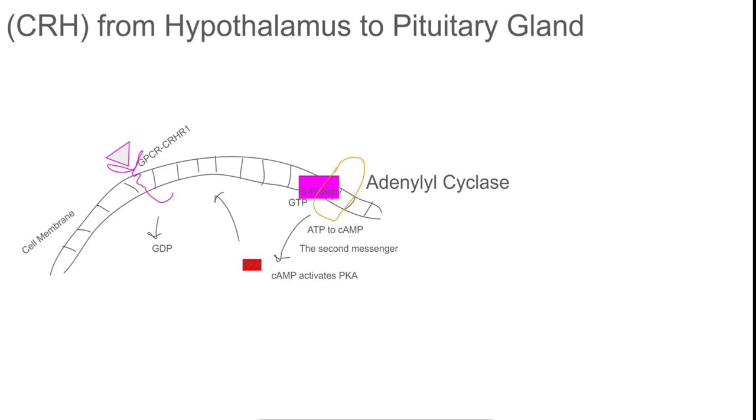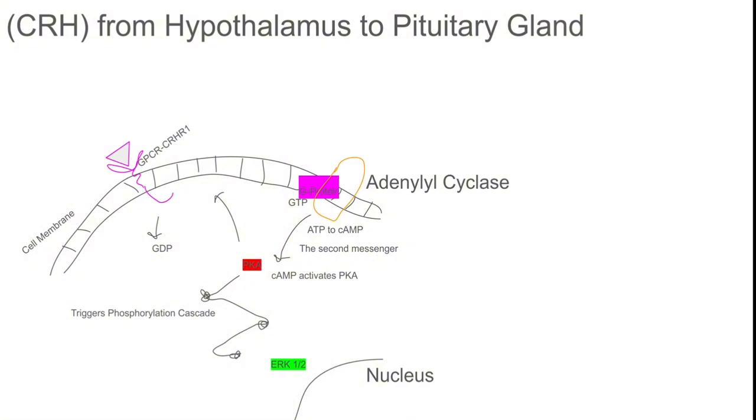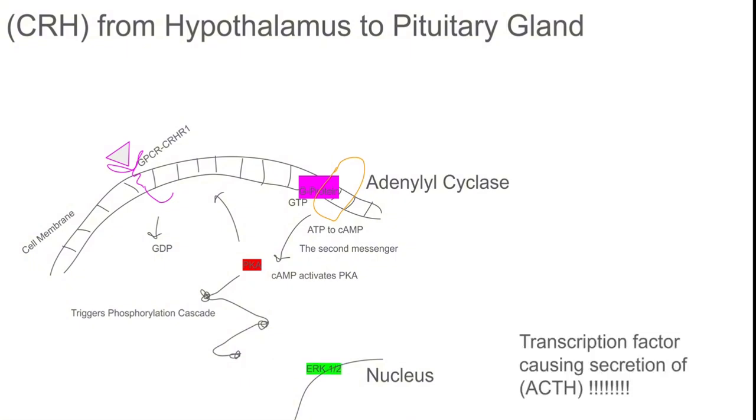And cAMP activates protein kinase A, which triggers a phosphorylation cascade. And then ERK1/2 is the last kinase in the chain, and it is the one that sends the signal to the nucleus. This results in a transcription factor causing secretion of ACTH in the pituitary gland.